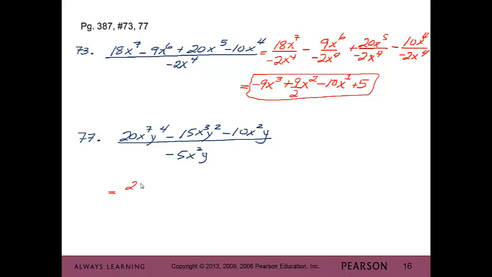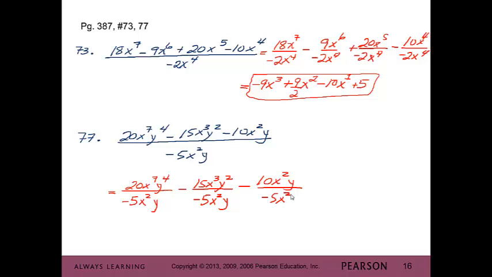So we're going to have 20x to the 7th, y to the 4th, divided by negative 5x to the 2nd, y, minus 15x to the 3rd, y to the 2nd, divided by negative 5x to the 2nd, y, and then minus 10x to the 2nd, y, over negative 5x to the second y.